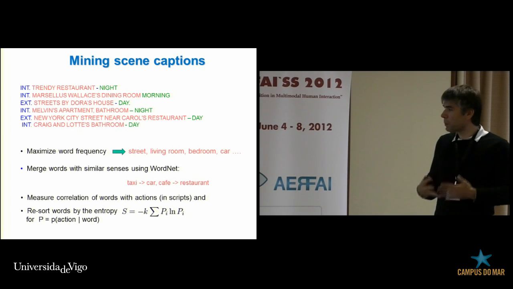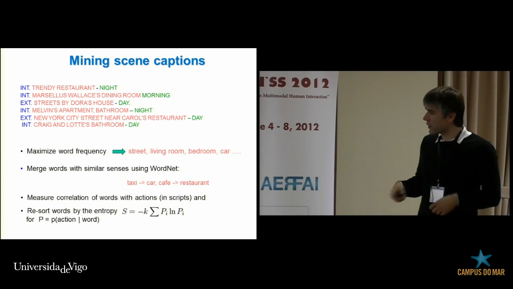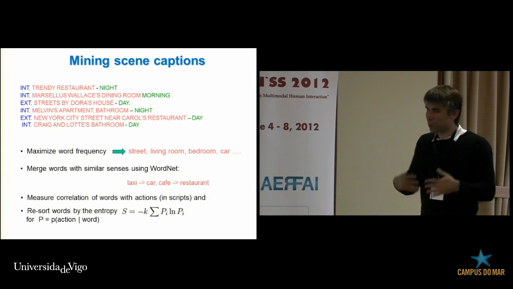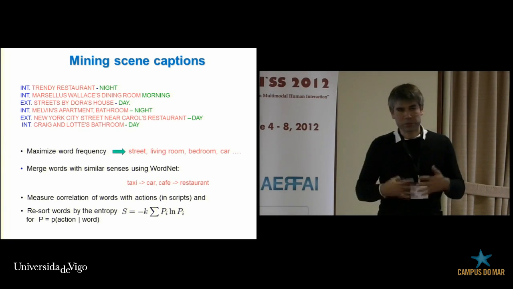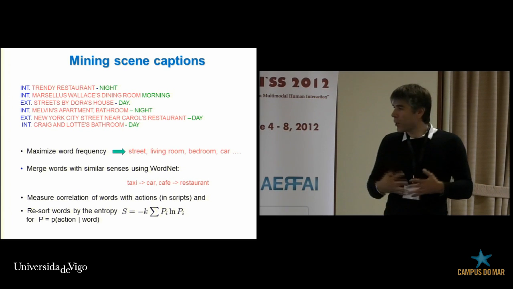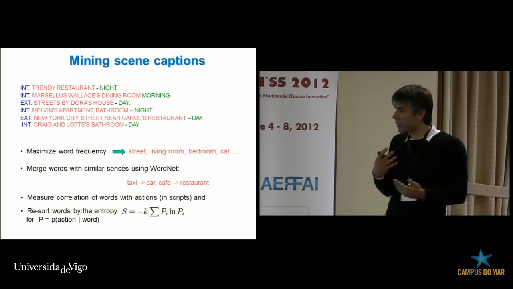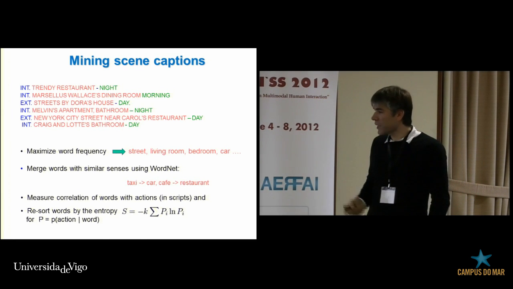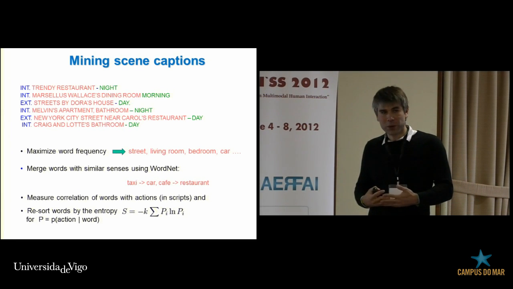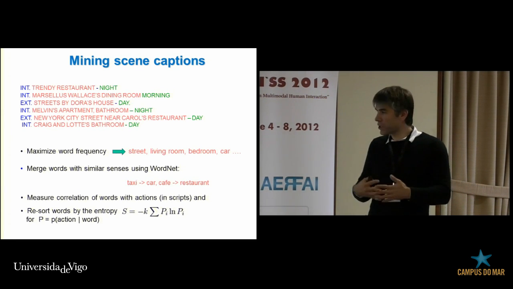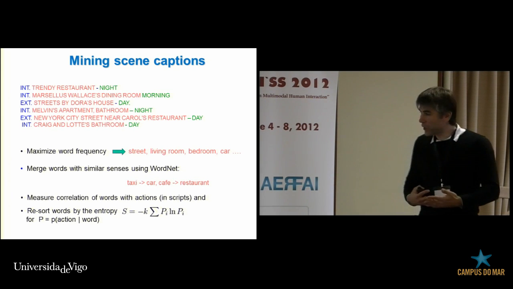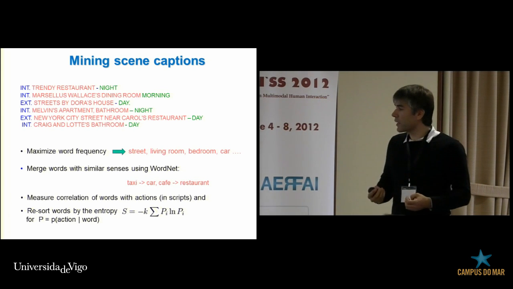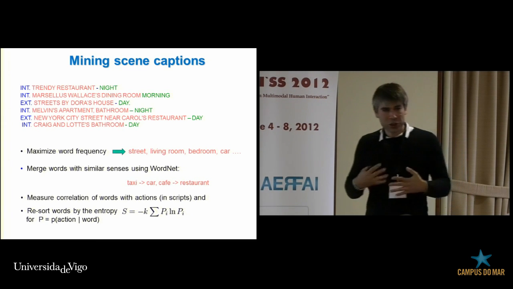We do some not very sophisticated text processing using WordNet and some other tools to come up with a short list or long list of potential scenes in this data. Now we are not interested in all scenes. We are only interested in scenes which are correlated with actions, and this can be found because we have action annotation in the scripts.